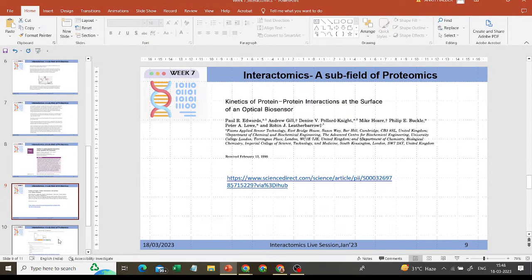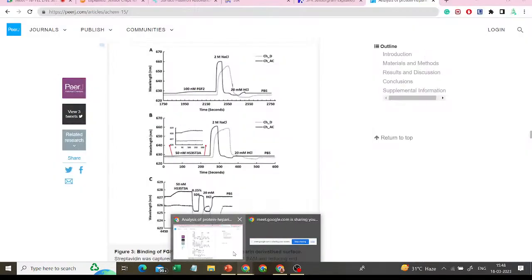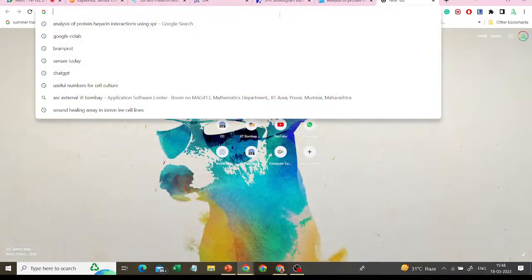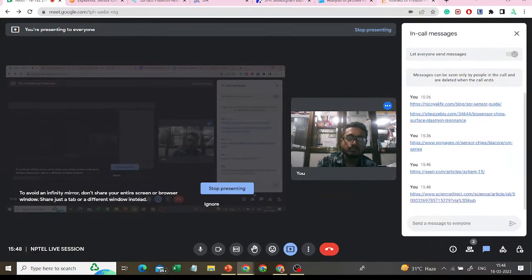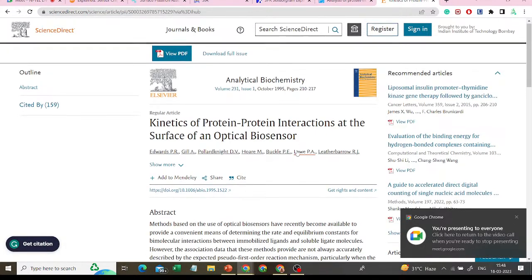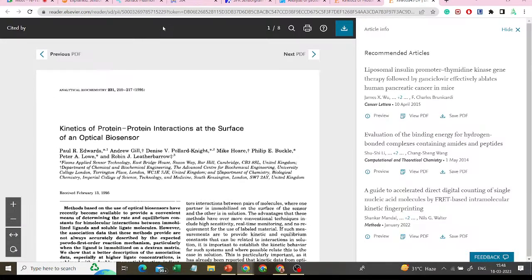Then another is here, for protein-protein interactions at the surface of an optical biosensor. So this is kind of a setting up of things. Here you can check recently available means of determining equilibrium constants for biomolecular interactions between immobilized ligands and soluble ligand molecules.